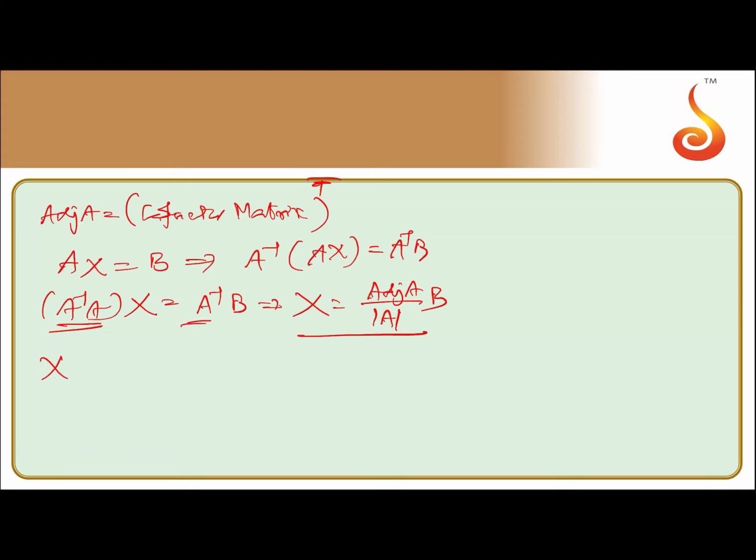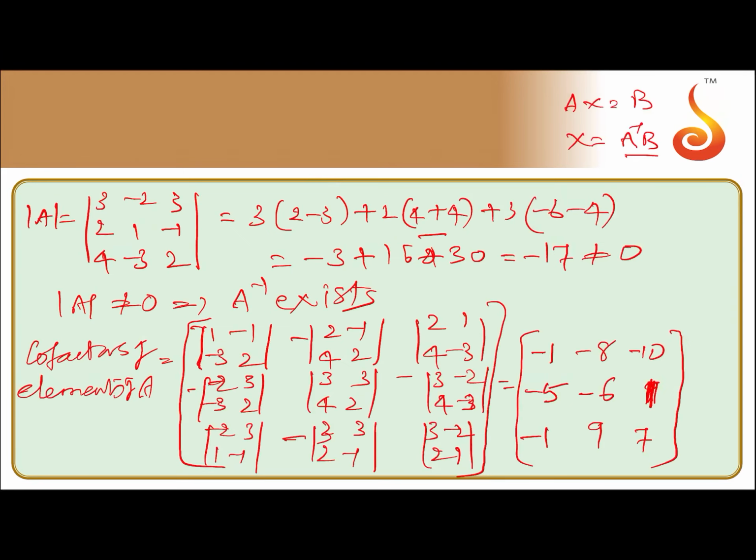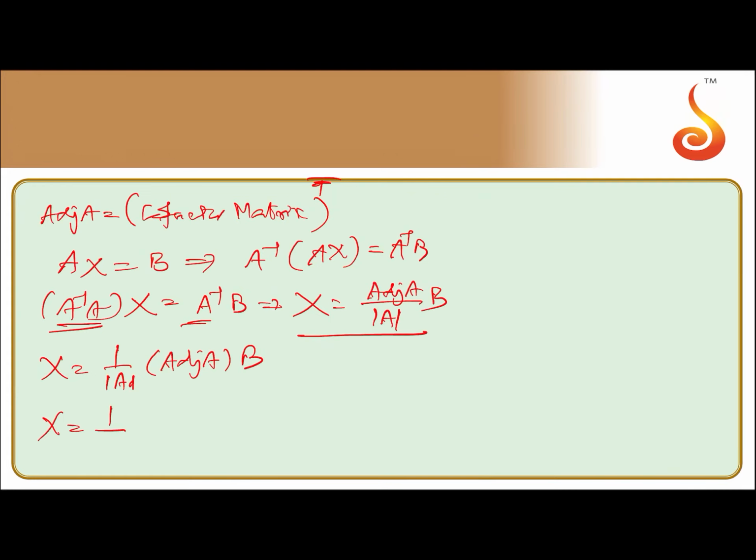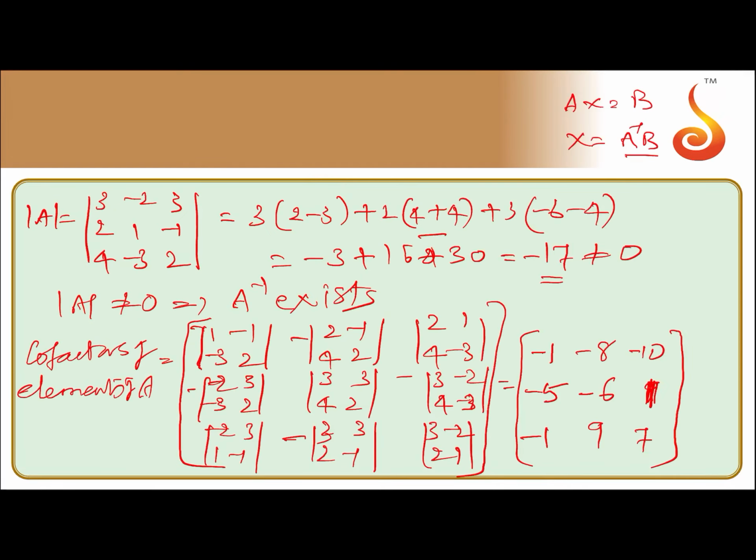So I need to find X equals 1 by det A multiplied by adjoint A multiplied by B matrix. Therefore, X equals the product of 1 by det A, we had det A equal to minus 17, times the adjoint matrix. The adjoint matrix is the transpose of this matrix.